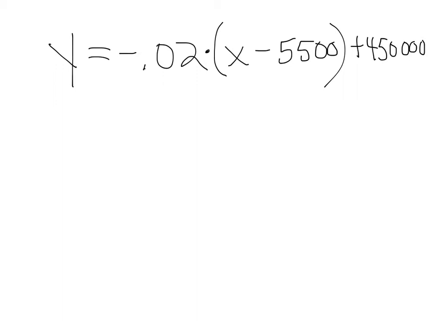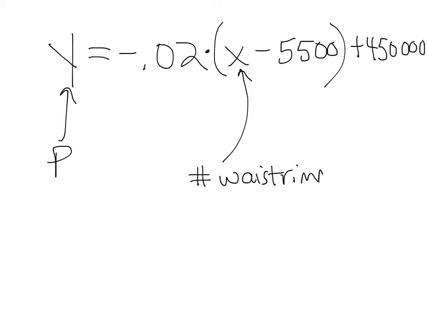Now, I could choose to put a P for profit in the place of Y, and X we can leave just as X because that was what they decided to use as a variable for our number of waste trimmers. I guess we could have also used the variable W for waste trimmers, but in the problem they said use X for the number of product produced and sold.